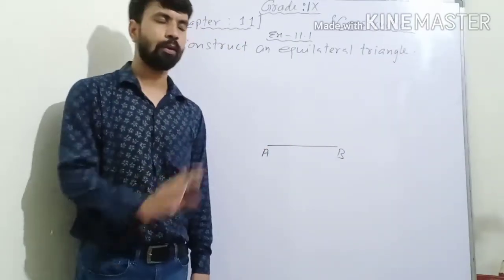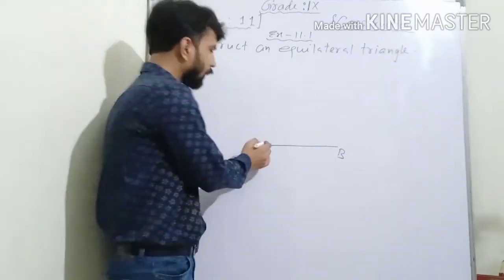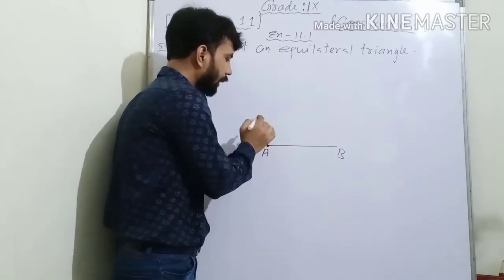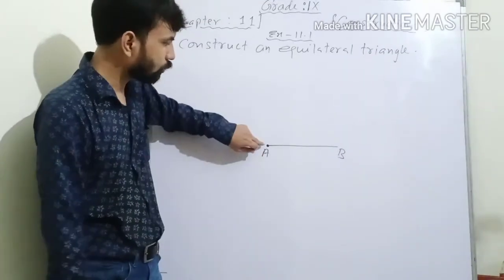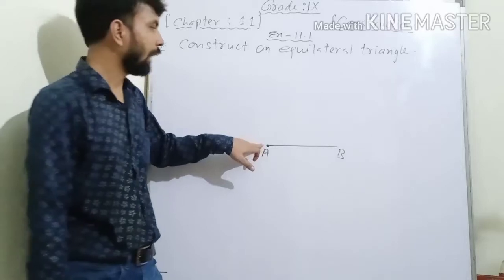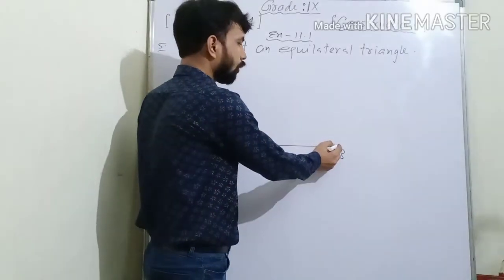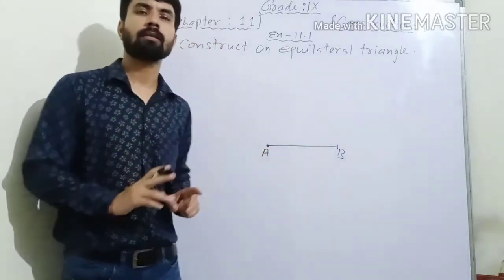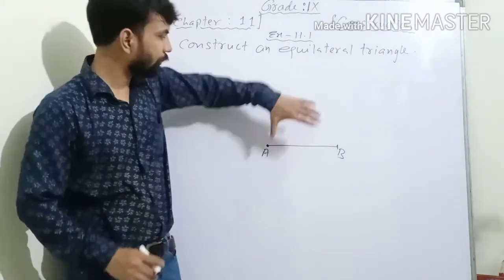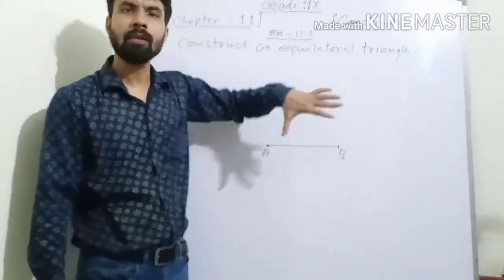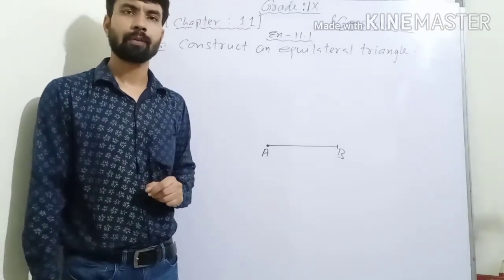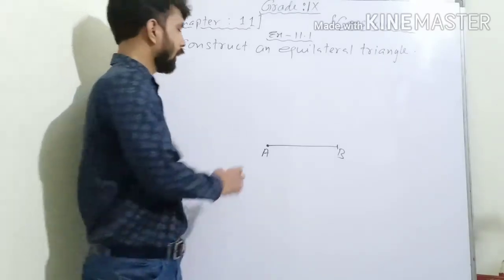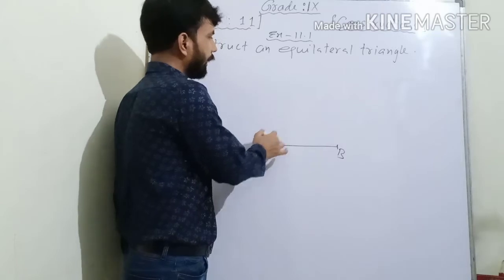Clear? Okay. Now put your compass at A, and we will fill the distance of AB in our compass. Fill it? Good.